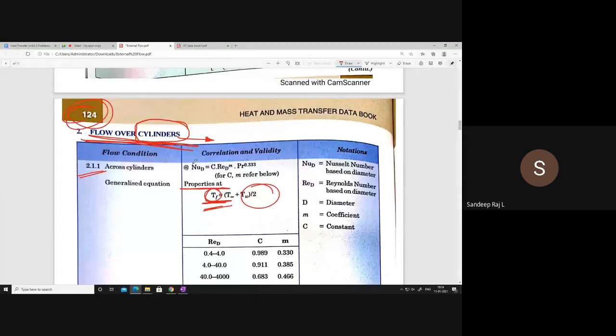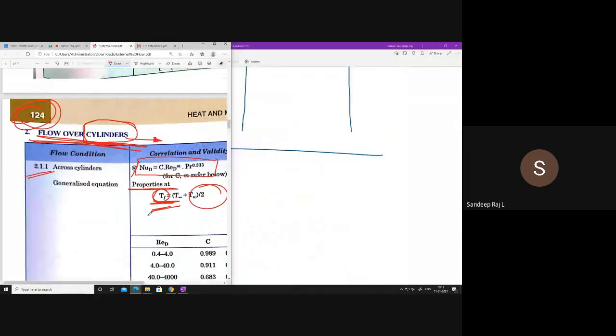In page number 124, you have this formula. Let me copy down this formula so that I can calculate the h value.